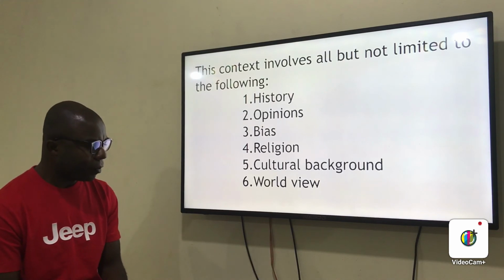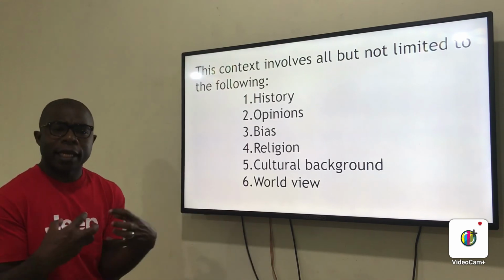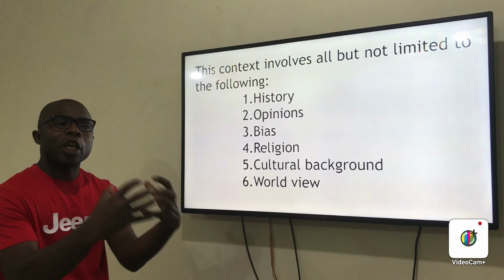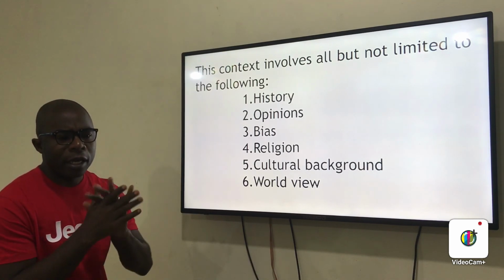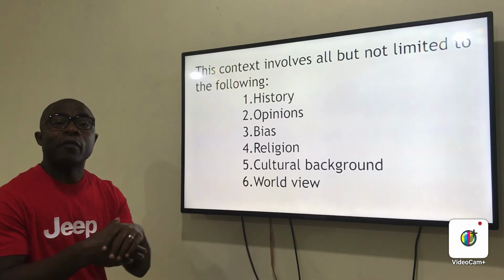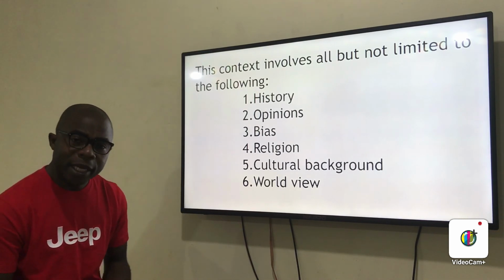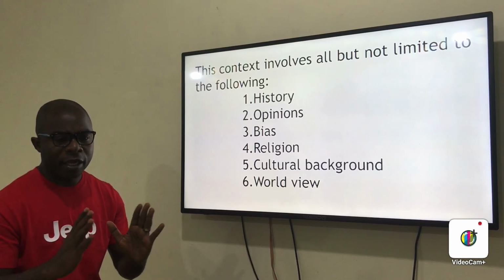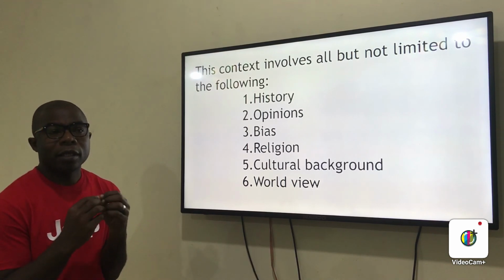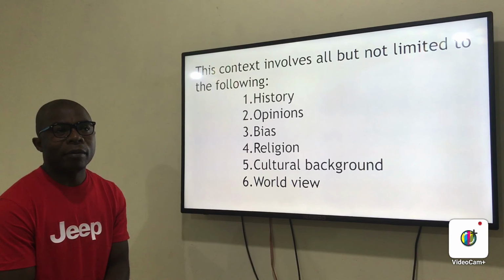So, these two contexts help us to decode things we hear and things we read, so that we are well informed. So what it means is that context is very important in our understanding of things around us.